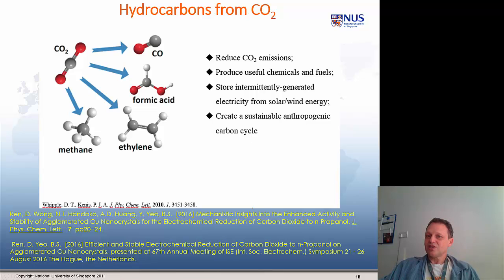So what Jason and his colleagues did was they first looked for a metal catalyst which would give hydrocarbons, preferably not just C1 hydrocarbons, although methane is burnable, you can use it.